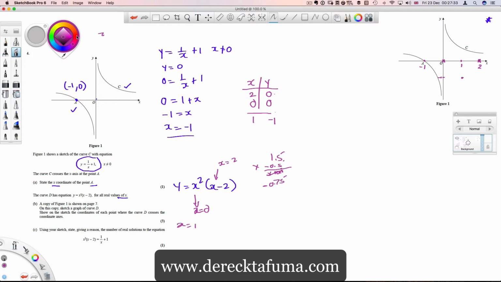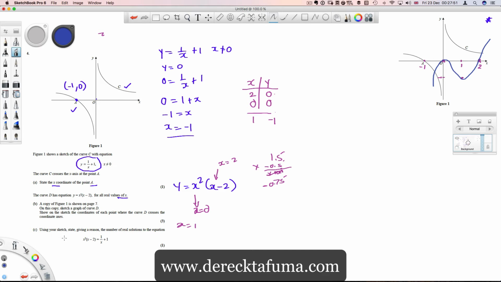So basically, the curve is going something like this. That is the general shape of the curve.